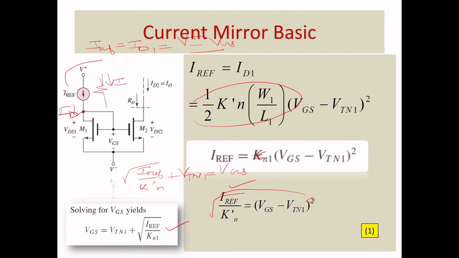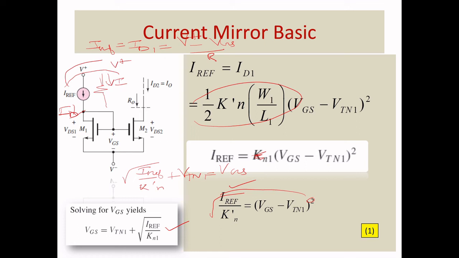And that current, how can you find it? V plus minus VGS divided by this resistance R. Repeating again, you just consider you have a resistor.